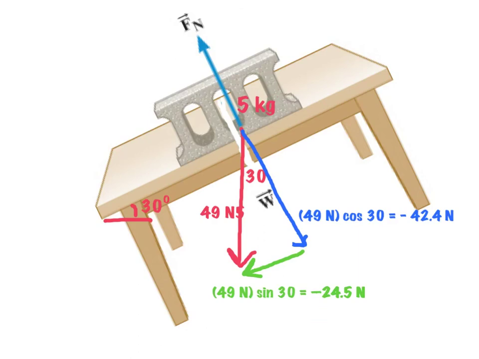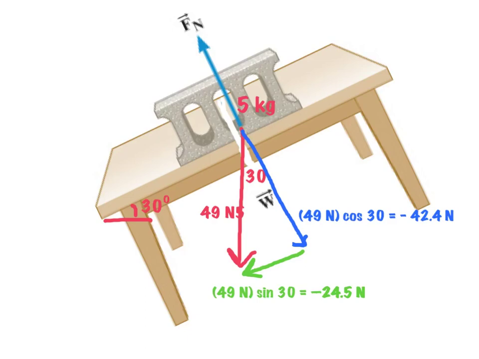So, we only really have to find the normal force, and the normal force is going to be just equal and opposite to the y component of our object's weight. So our normal force just equals 42.4 newtons. There's nothing else to calculate. Those two forces have to cancel each other out so that they add up to 0.